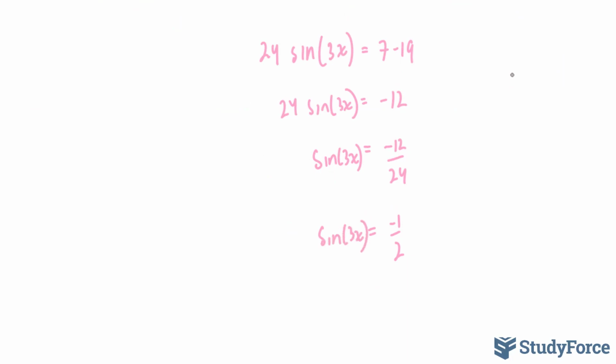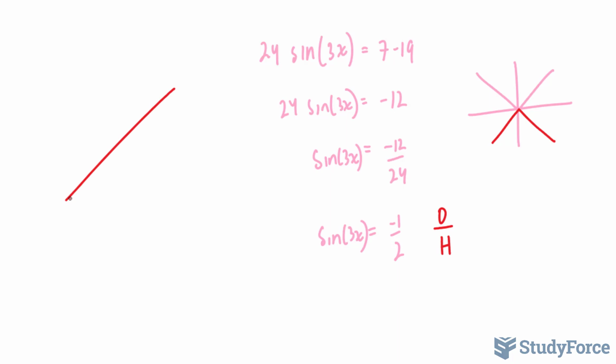Now, sine, as suggested in the previous example, is positive here, and it's negative here and here. Also, sine is opposite over hypotenuse. So this right here represents your opposite, and this right here represents your hypotenuse. Now, which special triangle relates 1 and 2?